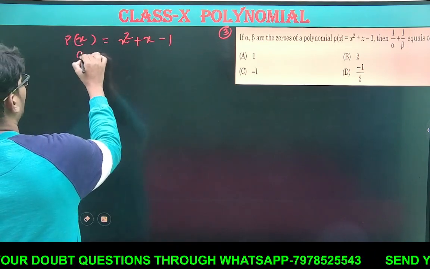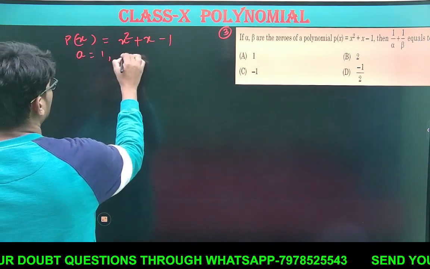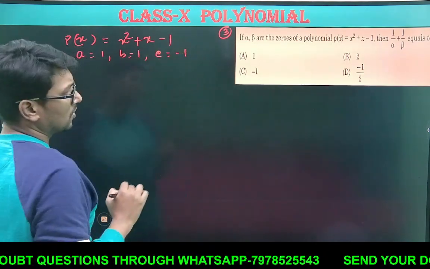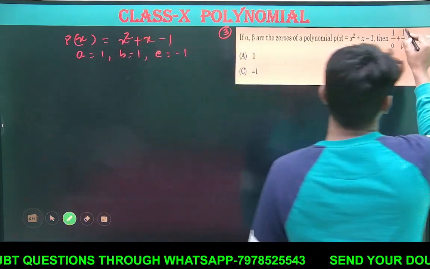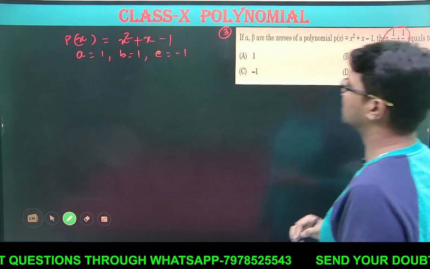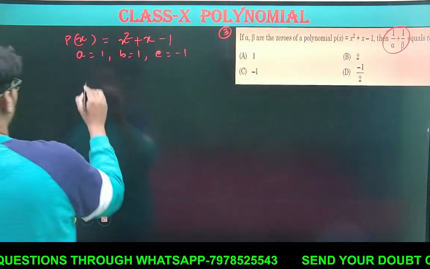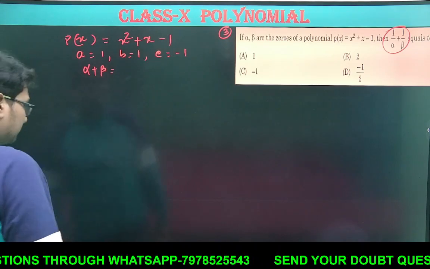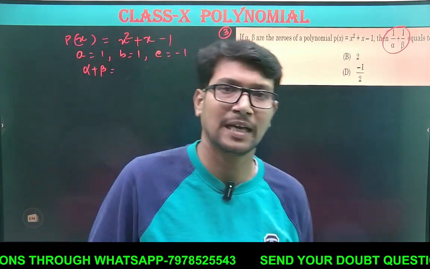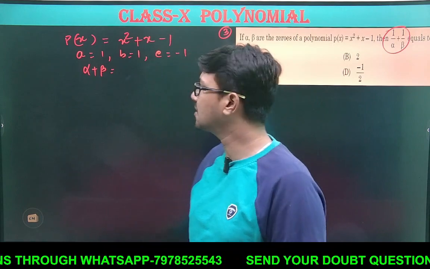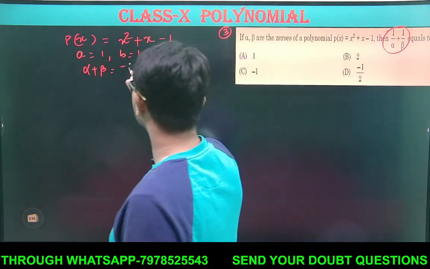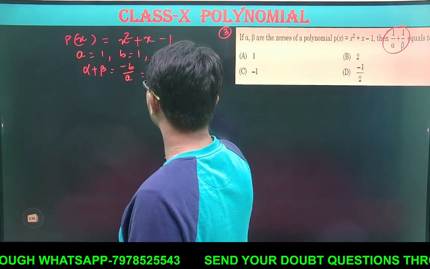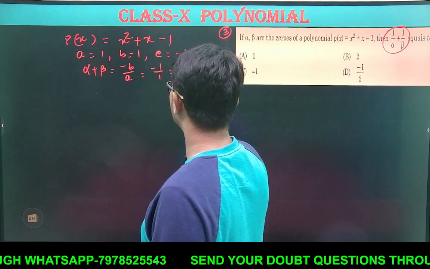So we have to write what is A. A is 1, B is also 1, C is minus 1. So before finding the value of 1 by alpha plus 1 by beta, let us first find the sum of zeros. We know alpha plus beta is minus B by A. That is minus 1 by 1, which is minus 1.